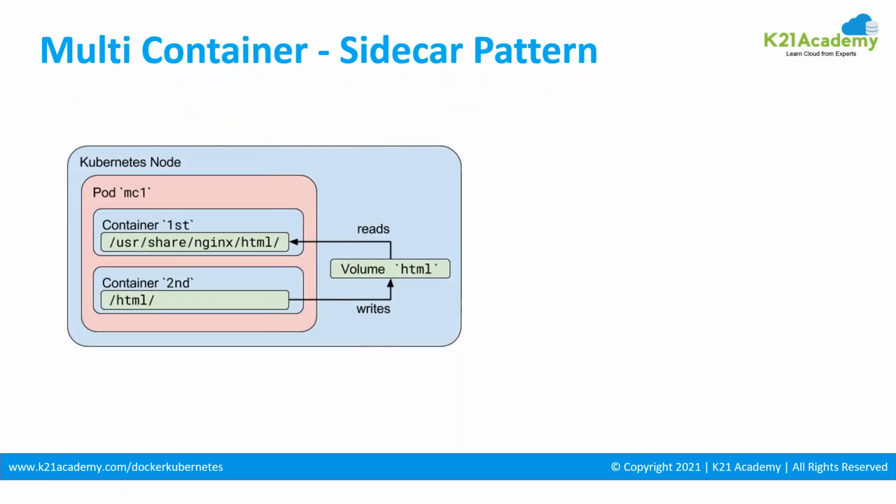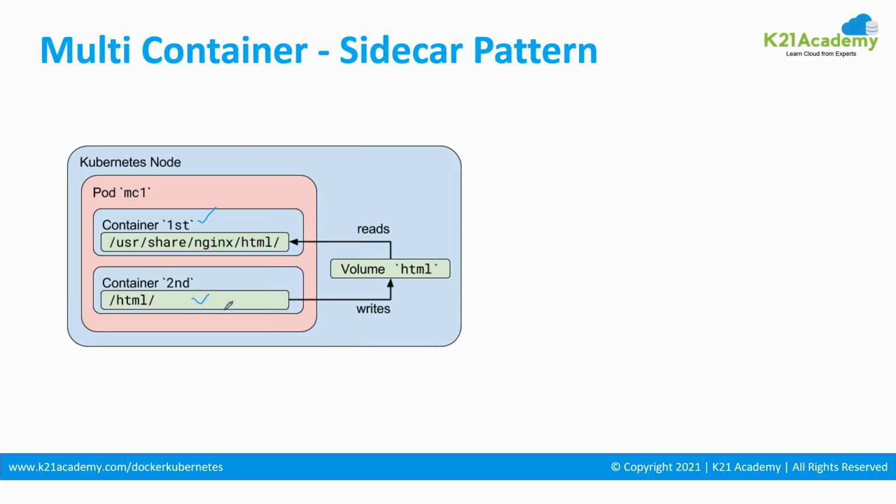So let's take one example. Let's say I have one pod which has two containers, the first container and the second container. You can see here, this is my first container, this is my second container. The second container is used to write.